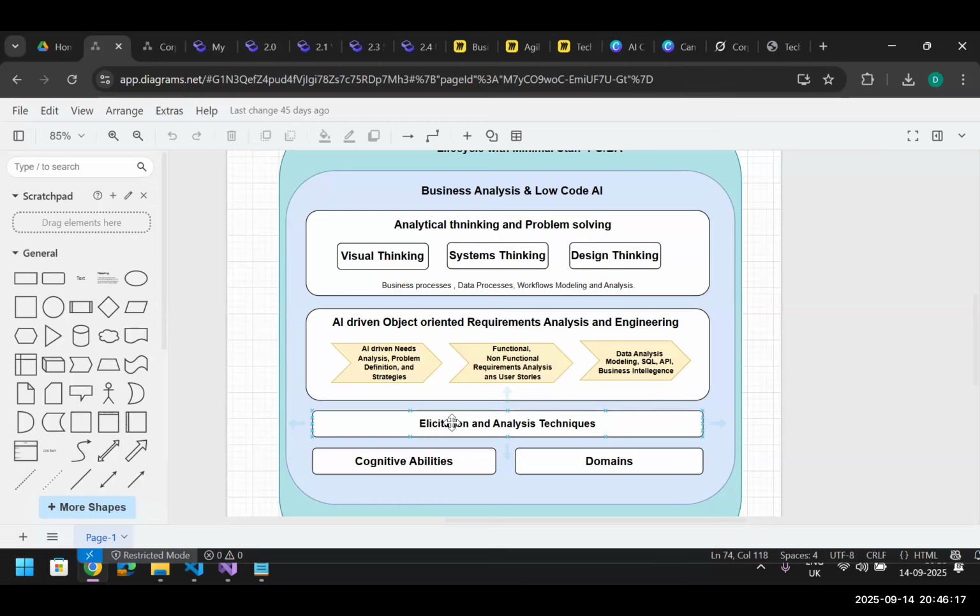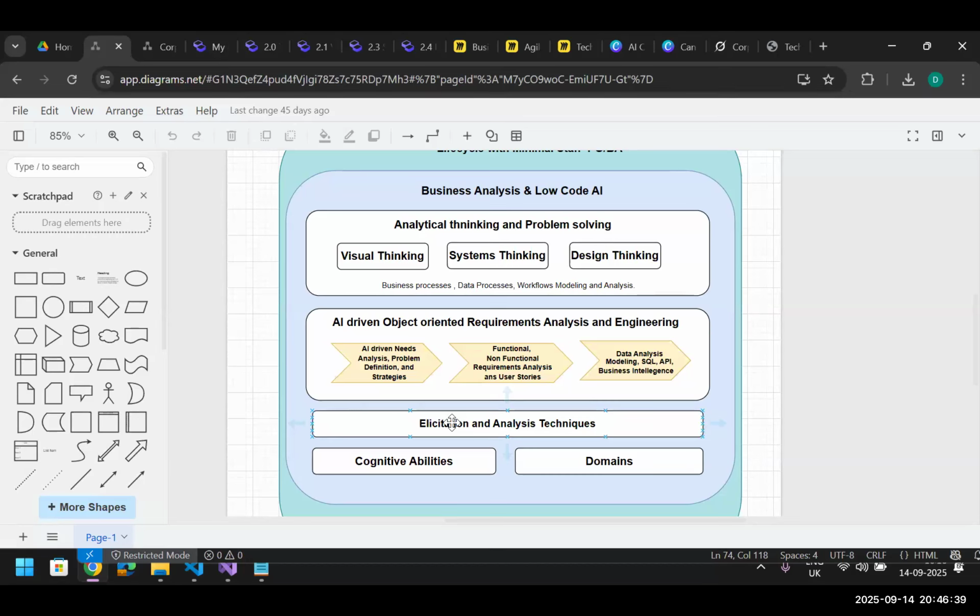These are the elicitation techniques. How many techniques do we have? There are almost 50 techniques out there. Do we use all of them day to day? No. But if we use even 5% of them, that's very good. We can be effective and efficient, and get into the tech BA market.